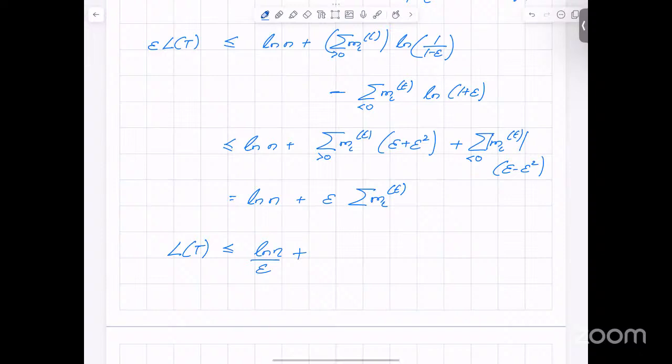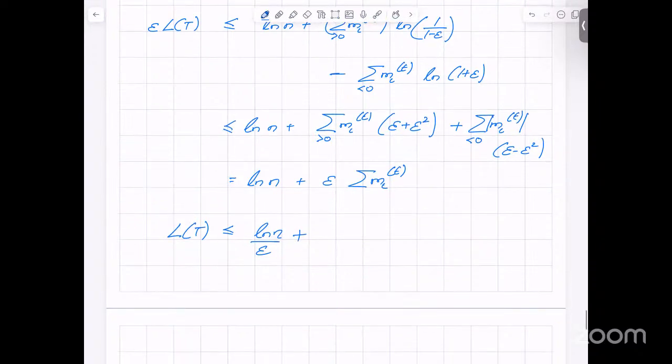Then epsilon will go away. This is summation of m_i^t plus epsilon times summation of m_i^t. That's what I have.